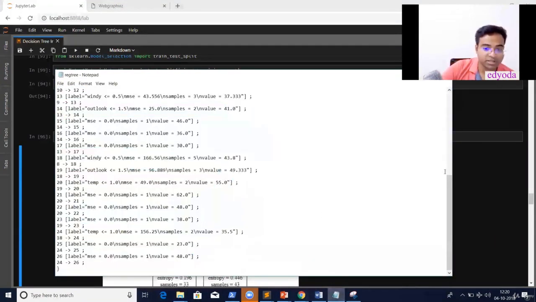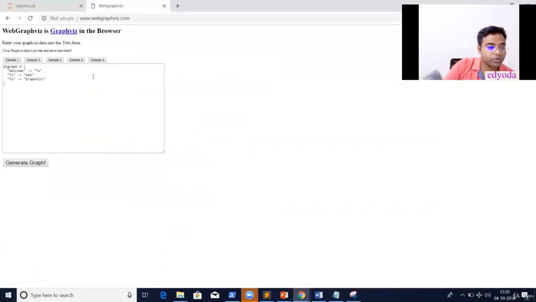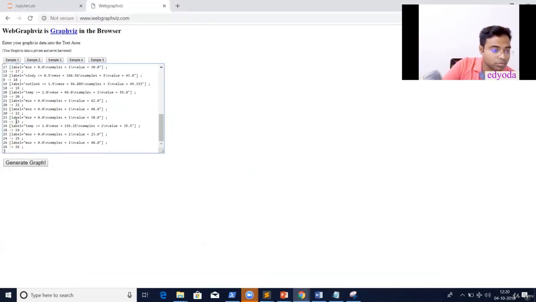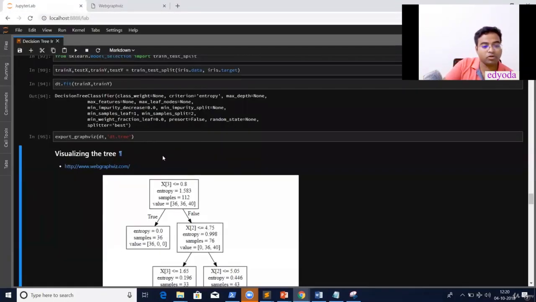Something like this. This is not the same file, but it generates a file. You need to copy this, Control C, and paste it over here. Then generate graph. It will generate the tree here. This is not the same tree, but this is how you generate it.